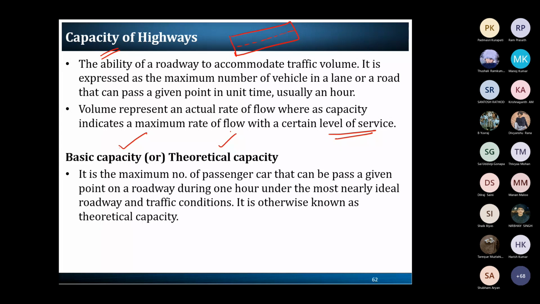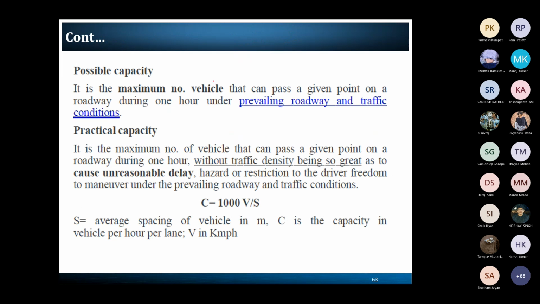At the same time, possible capacity is nothing but the maximum number of vehicles that can pass in 1 hour under the prevailing roadway and traffic conditions. Whatever interruptions come, including those interruptions, it is how much maximum we have occupied in that particular corridor.